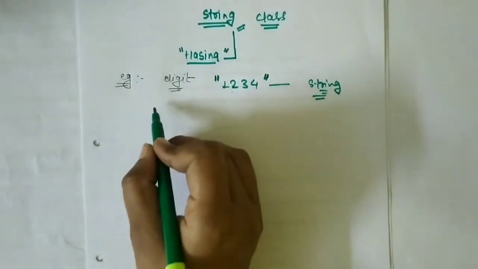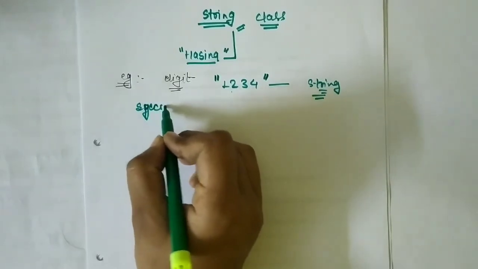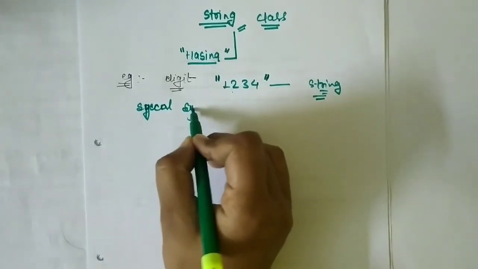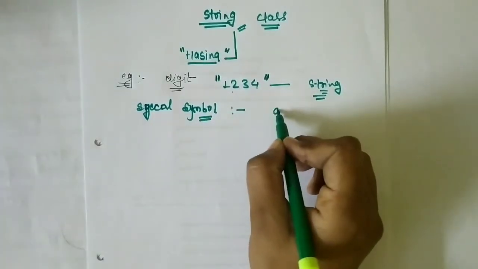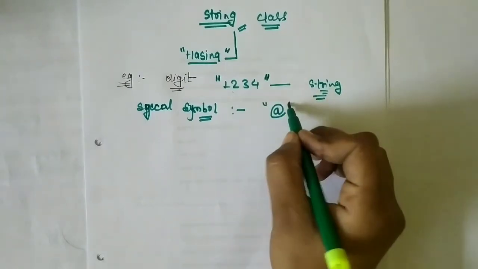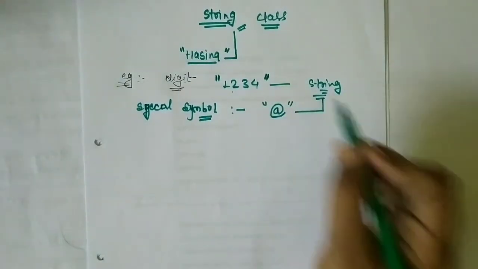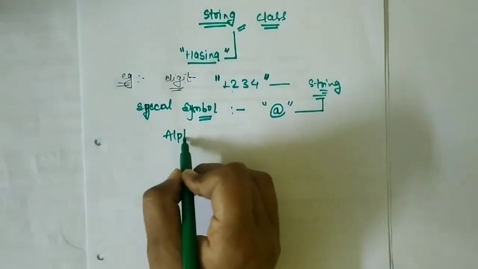Next one is special symbols. Suppose I write the at-the-rate symbol, a special symbol. When we put it in double quotes, this is also a string. Next one is alphabets.